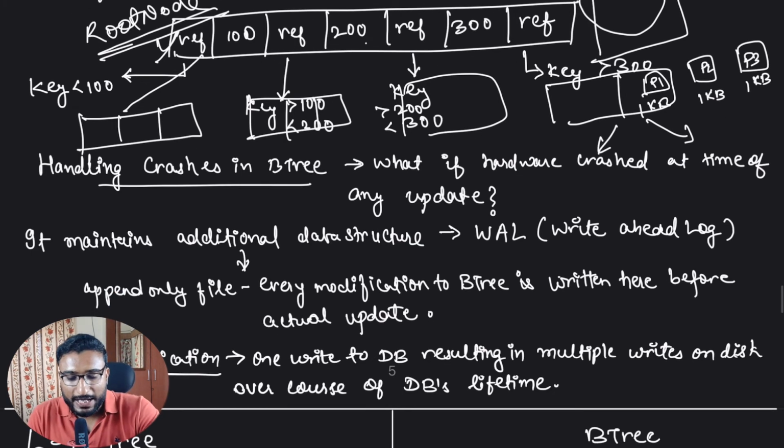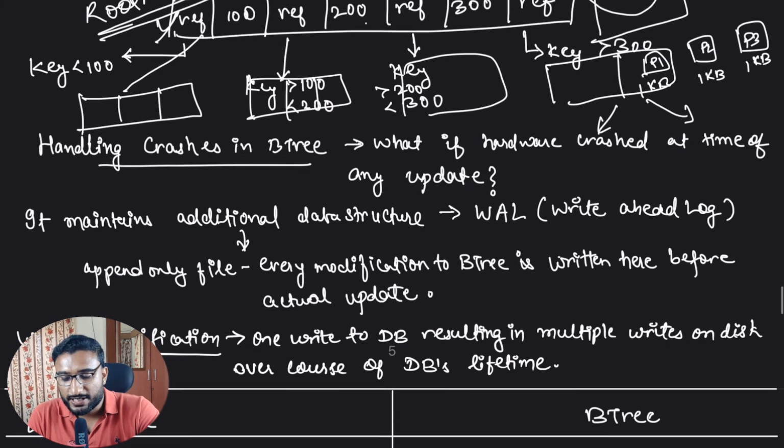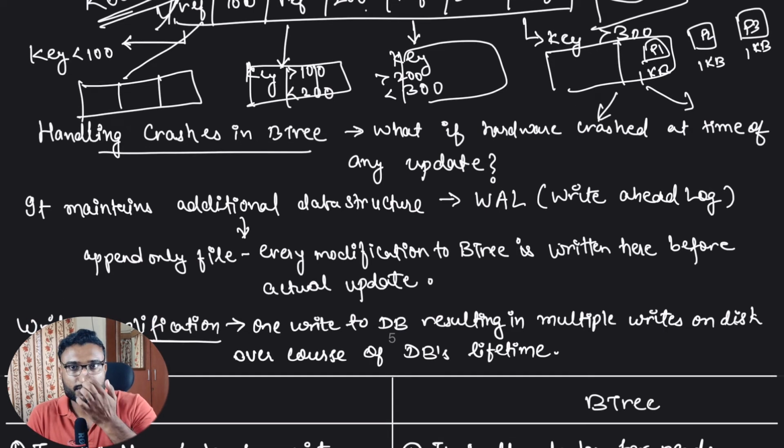Now, how will you handle crashes in B tree? What if the hardware crashed at the time of any update? What will you do? What if the B tree you are maintaining crashed at the time of any update? What will happen and how will you recover from it?